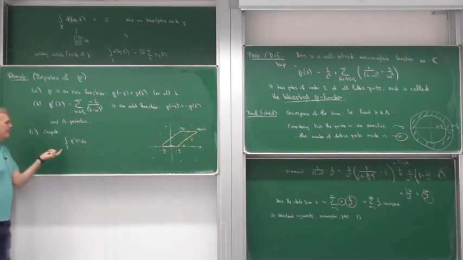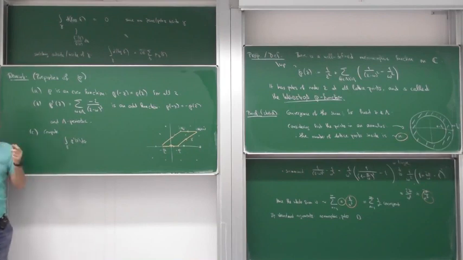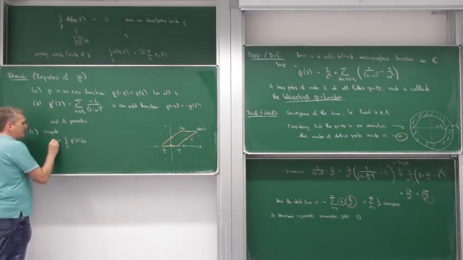Again, as before, we know exactly what the result is because we integrate over a derivative. And that means the result will be the function itself, so the p function at the starting point minus the end point, but they're the same, so the result is 0. So if we integrate a derivative of a function over a closed path, we always get 0.